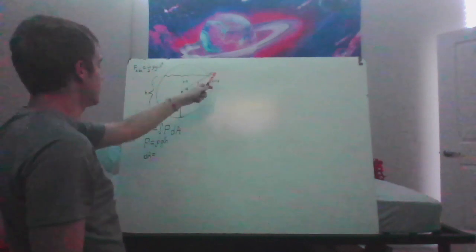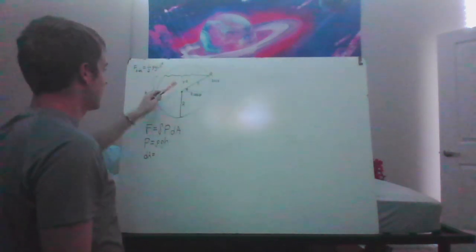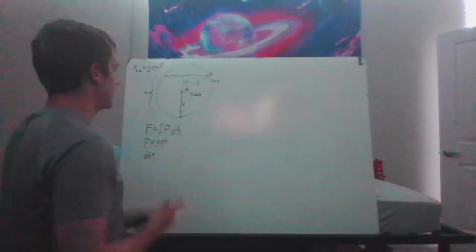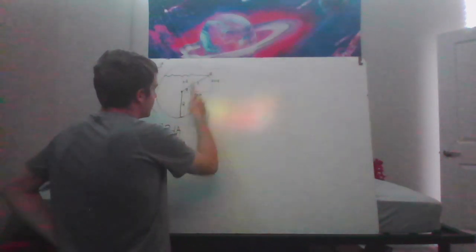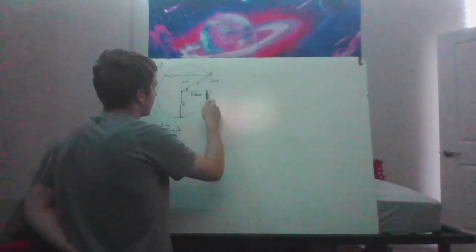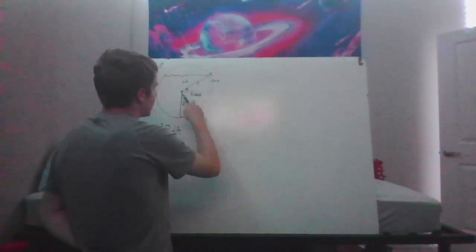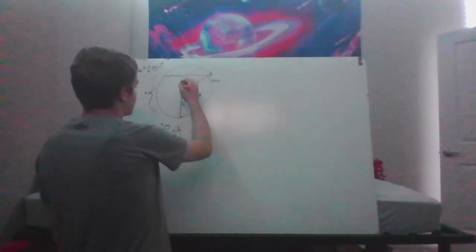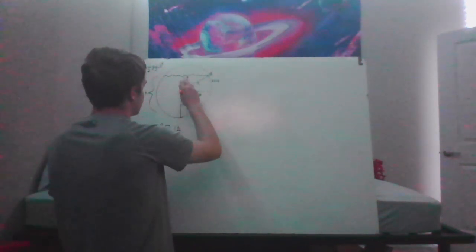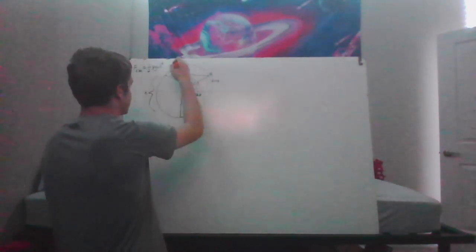So we still have that liquid at height h, we have the radius r, and then I've labeled right here an angle theta, and that angle theta is going to be creating a side here that we're going to call r sine theta, and a side here that we're going to call r cosine theta. And then I've also labeled this distance here as h minus r. As you can see, it's just h, and then subtracting this r.